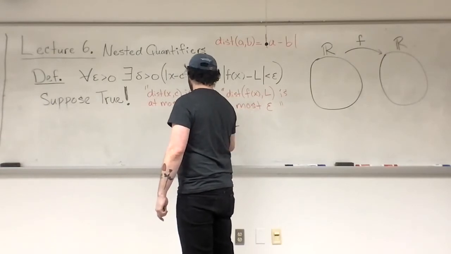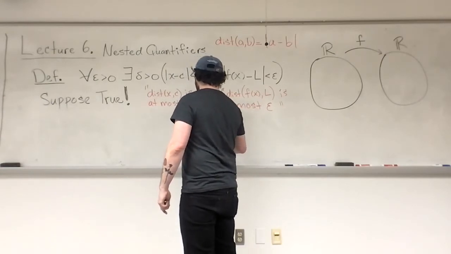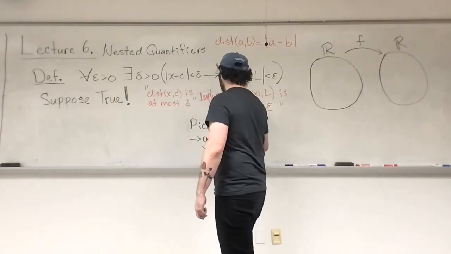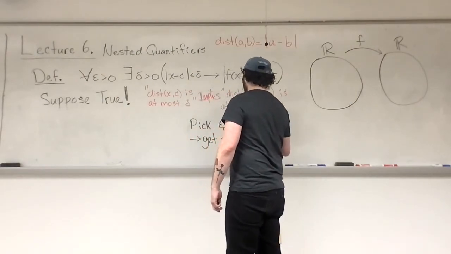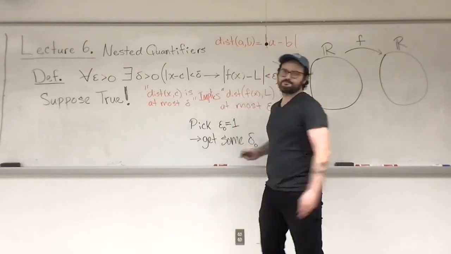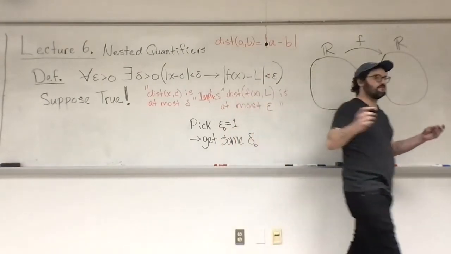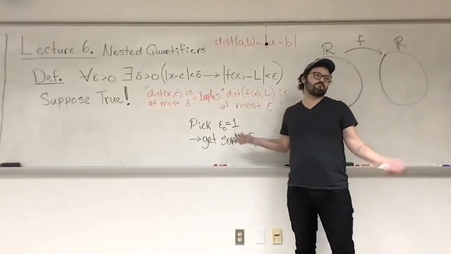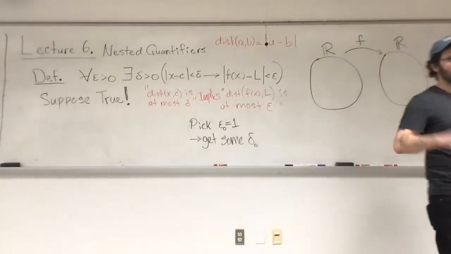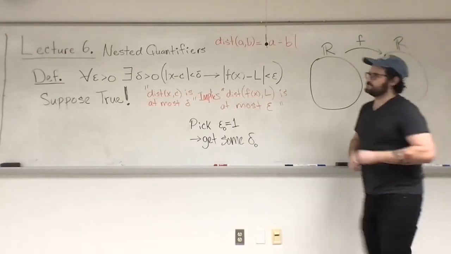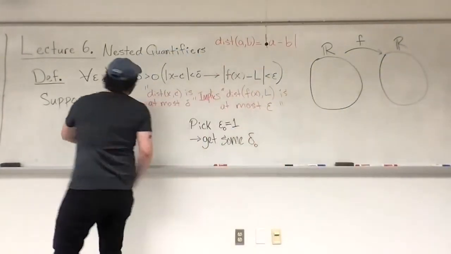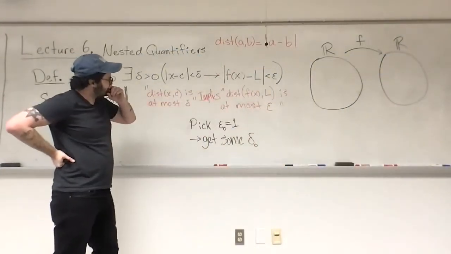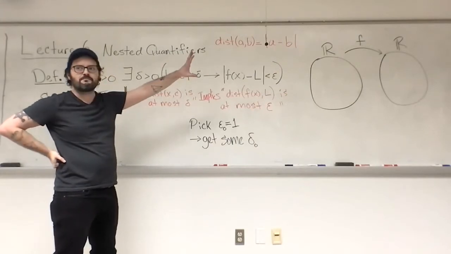So I get some delta. I'll call it delta 9. I don't know how big it is or whatever. I have no idea. I just know it's greater than 0 and it's associated with epsilon equal to 1. So following? All right, so we're just working our way down the line. Okay, now, conditional statement.